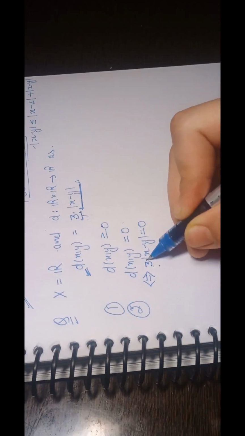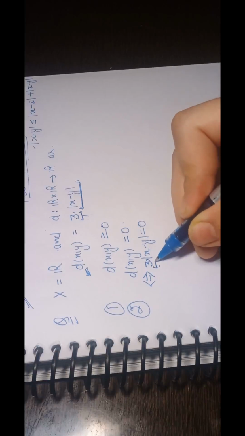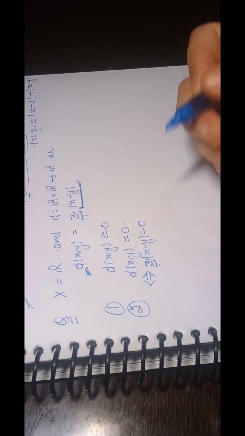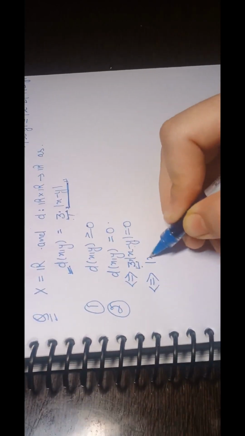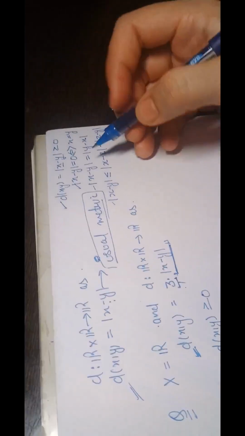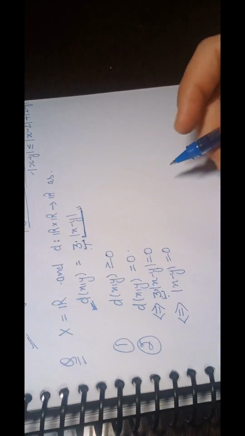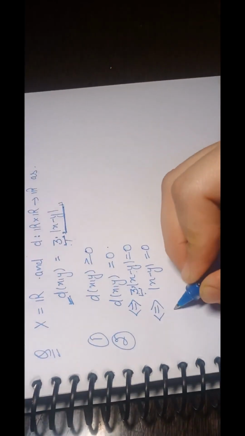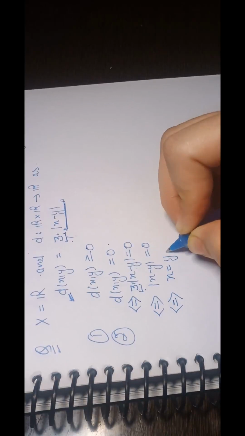Product of two numbers is 0, that means either of the two numbers has to be 0. 3 is non-zero, so the only option is that mod of x minus y is 0. And from the usual metric, we know that mod of x minus y is 0 if and only if x is equal to y. This is if and only if x and y both are equal.